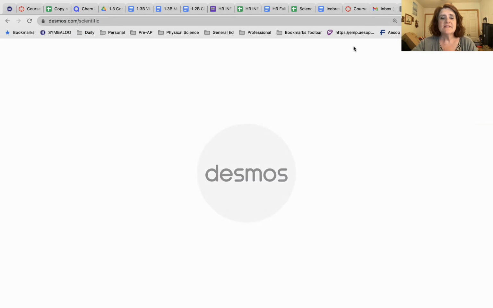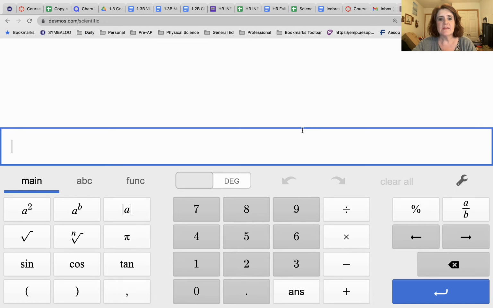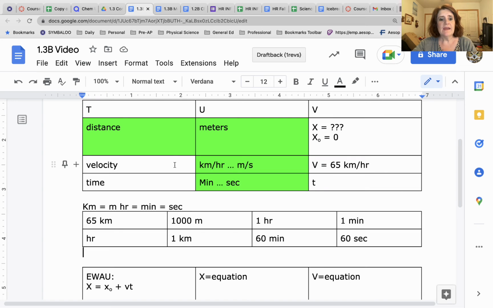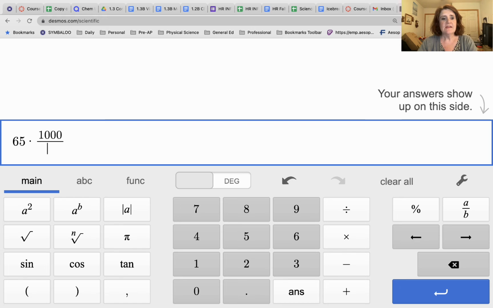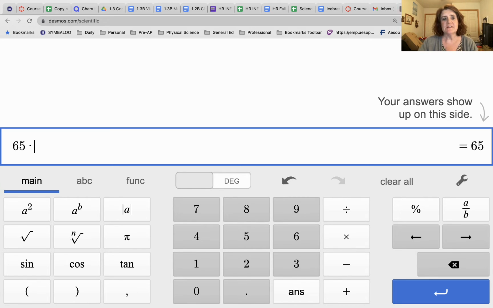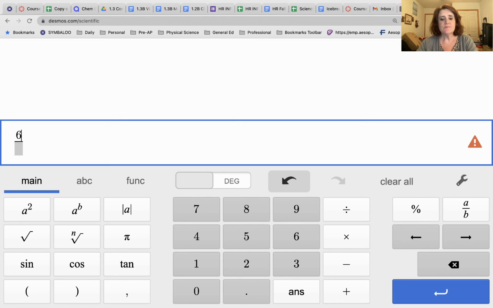Now, I'm going to actually open desmos.com/scientific. The scientific calculator is way better than the graphing calculator for anything other than graphing. So looking at my problem, I have 65 times 1,000, divided by, but that's not where I really want the division, is it? So watch carefully. You can actually make a fraction in Desmos and do 65 times 1,000 and then 60 times 60 on the bottom.